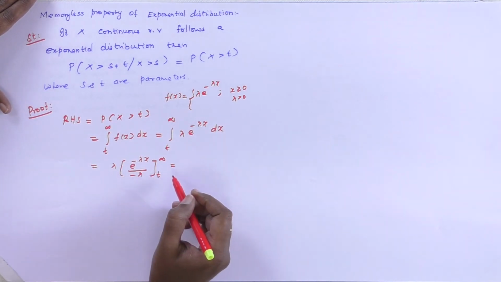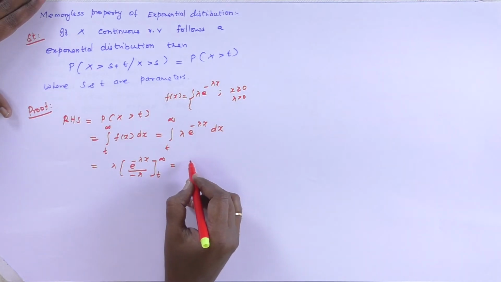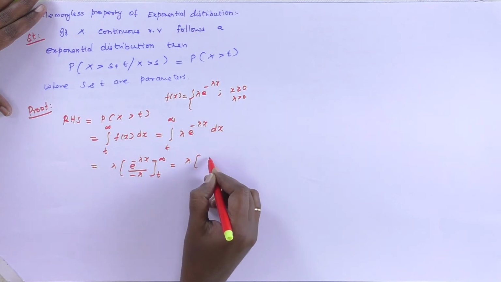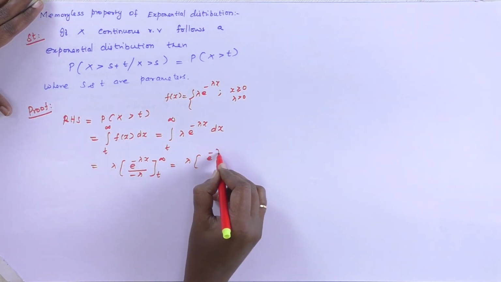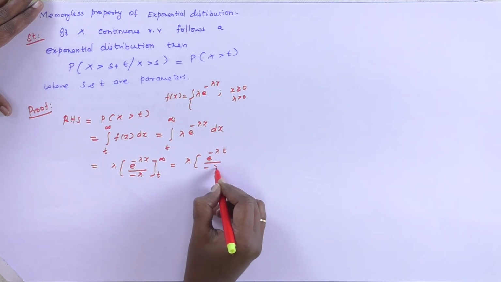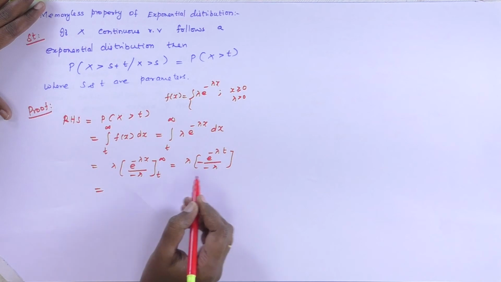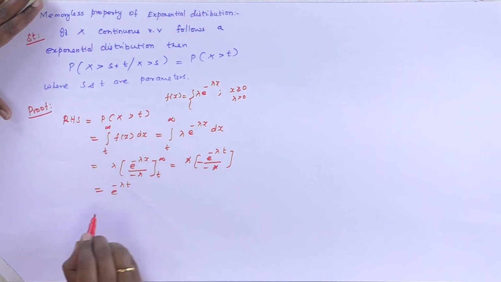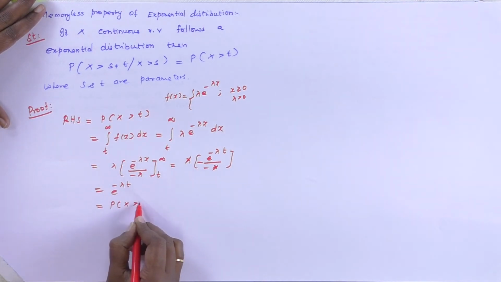Only the lower limit value remains, so put x equal to t: lambda into e power minus lambda t divided by minus lambda. Minus into minus is plus, and lambda gets cancelled. Your final answer is e power minus lambda t, that is equal to p of x greater than t.